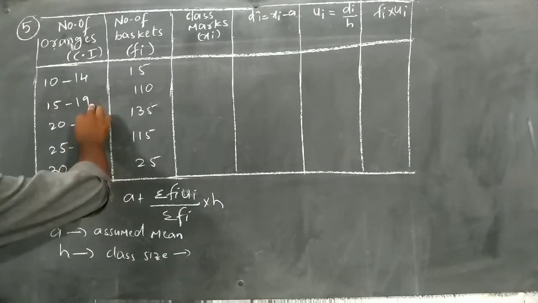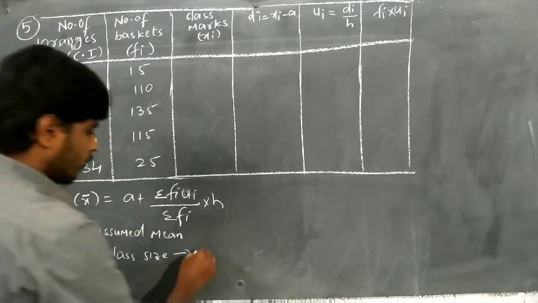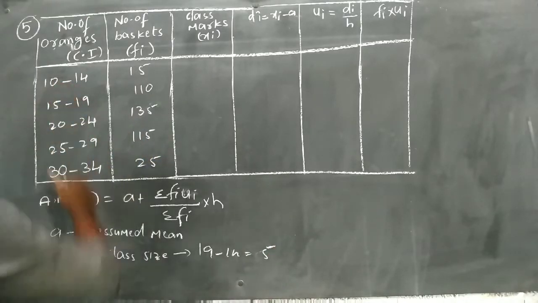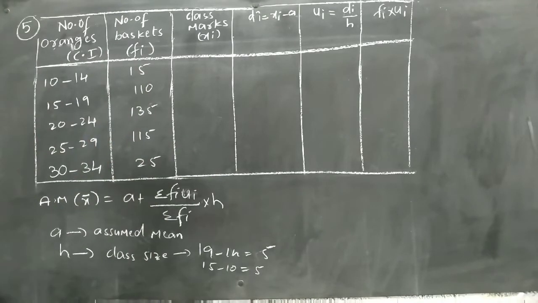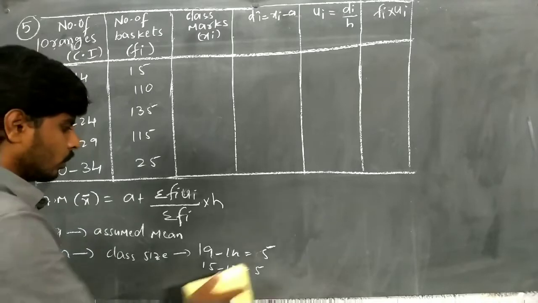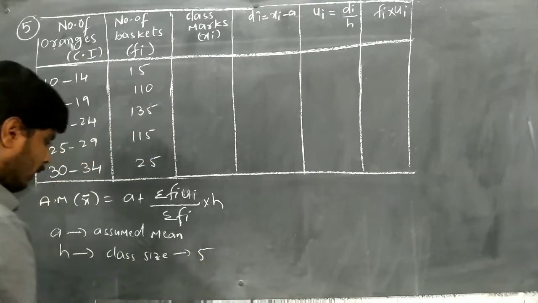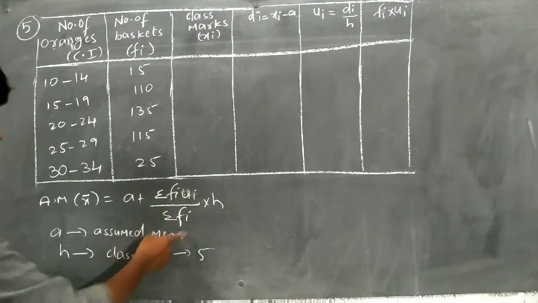For example, if we take 19 minus 14 we get 5, or we can take 15 minus 10, it is also 5. This is the consecutive lower limits difference, and here the consecutive upper limits difference. So the class size is 5. Okay, so h value is 5.